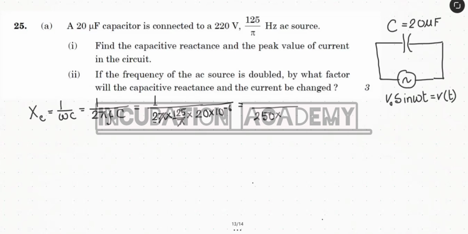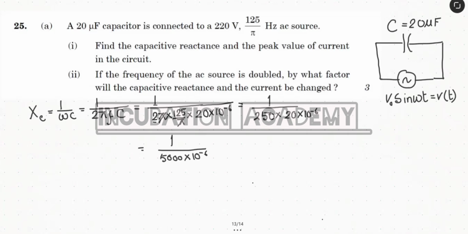So 1 divided by 250 multiplied by 20 multiplied by 10 to the power minus 6. 250 into 20 is 5000, so 5000 multiplied by 10 to the power minus 6.